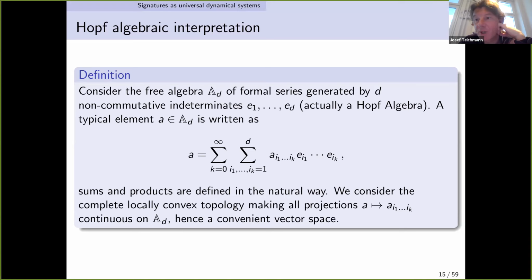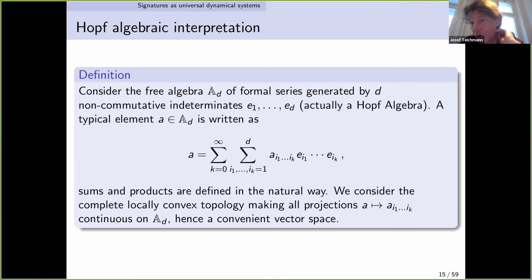And I imagine for each a_{i1...ik}, a real number, associated a monomial in indeterminates e1 up to ed. Those indeterminates you can imagine as free and non-commutative, so no non-trivial relationship is satisfied by them. This gives the ring of formal power series in d non-commuting indeterminates.